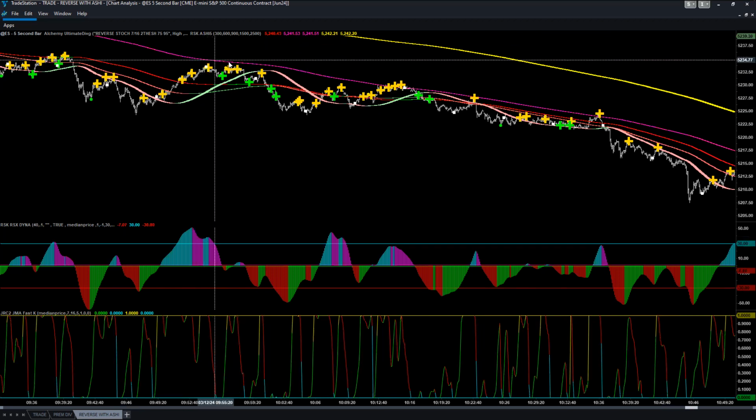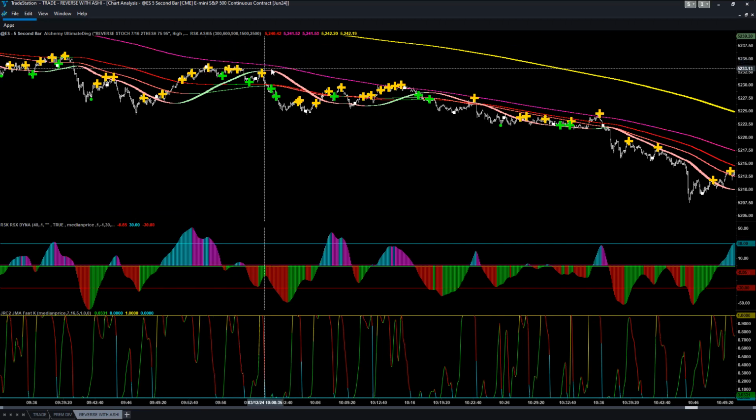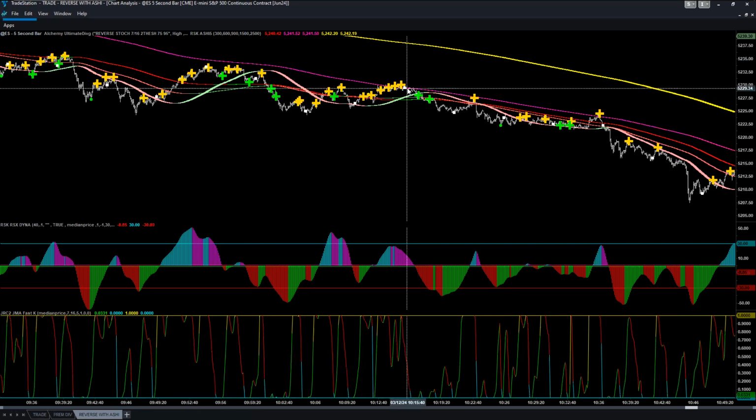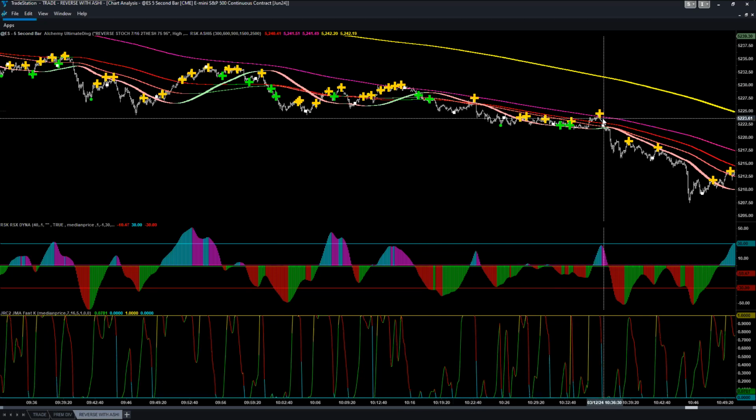You're almost up into the declining ASHI here. So taking a short trade, as you move up into that line, look at that, boom, boom, boom. Beautiful opportunities.